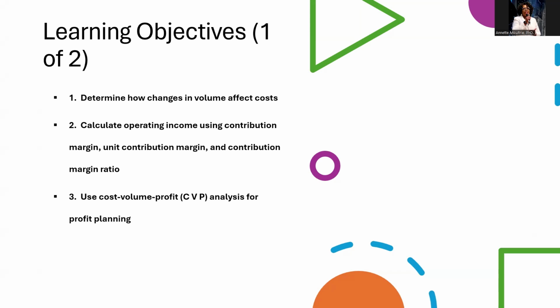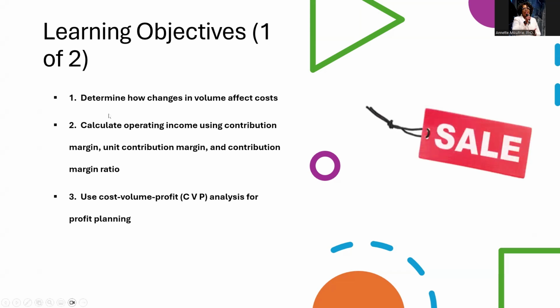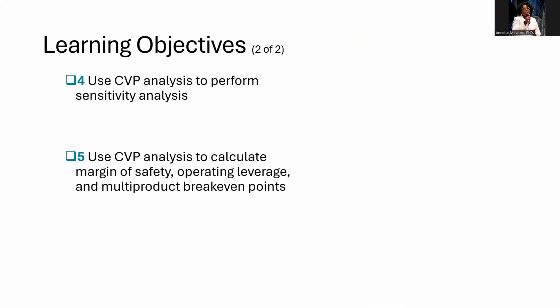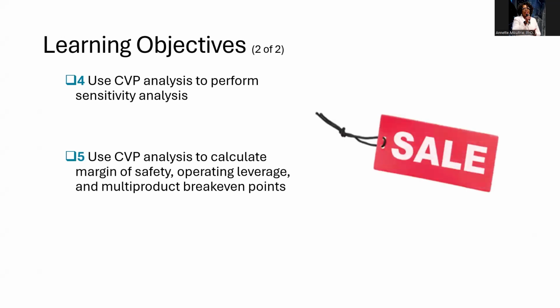Three, use CVP analysis for profit planning. Four, use analysis to perform sensitivity analysis. And five, use CVP analysis to calculate margin of safety, operating leverage, and multi-product break-even points.